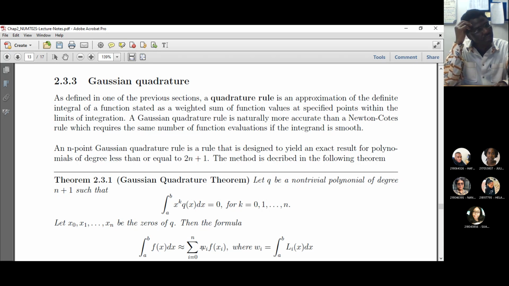Because we are using in the recursive formula a kind of extrapolation, remember the Richardson extrapolation technique that we use to define what we call the Romberg algorithm.